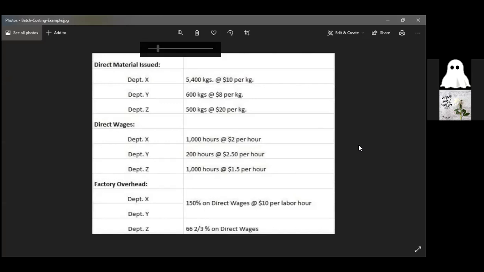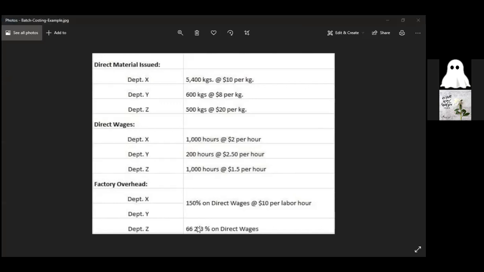That would be $54,000 for department X. Department Y will be 600 times 8, that is 4,800. Department Z will be 500 times 20, so $10,000. So yeah, take 5 minutes to solve it, then we'll do it.